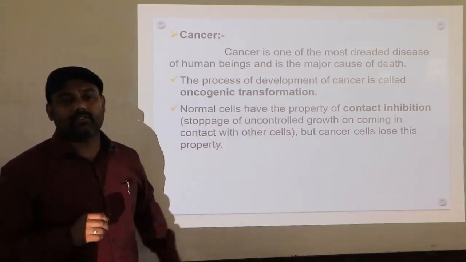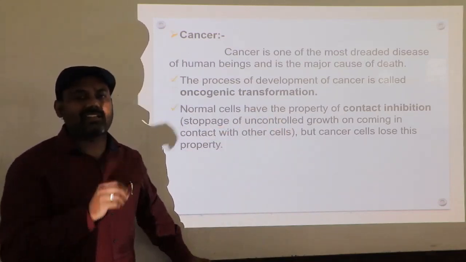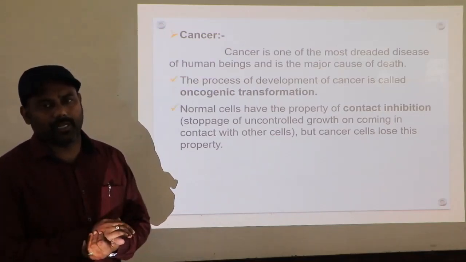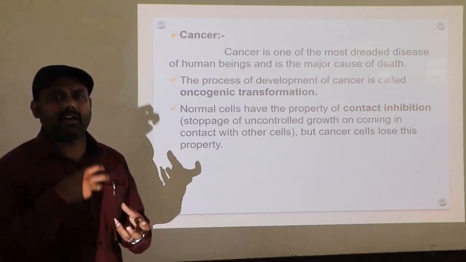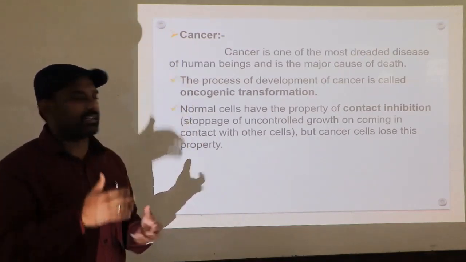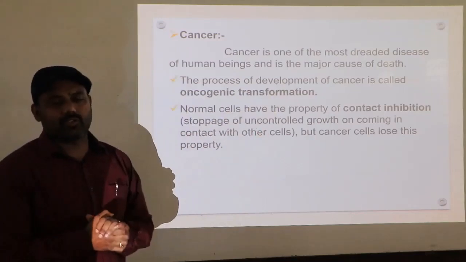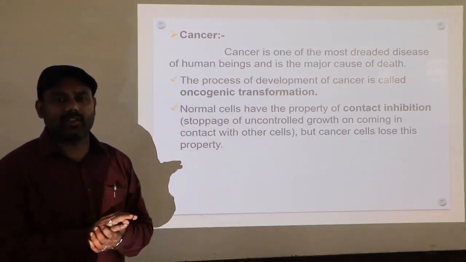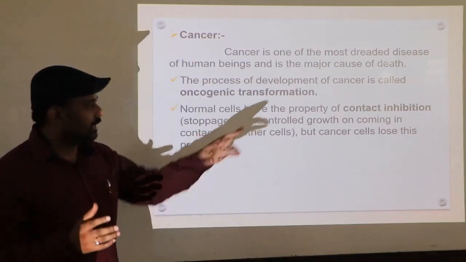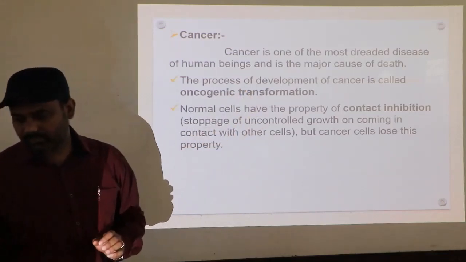But in case of cancer, those cancer cells lose this property. It means they never regulate this contact inhibition, so those cancer cells have continuous rapid multiplication. This is contact inhibition.